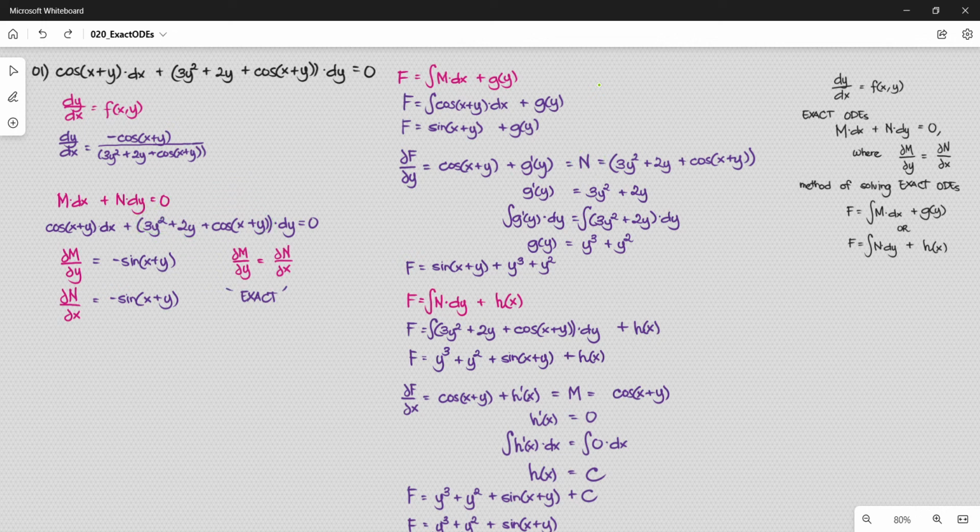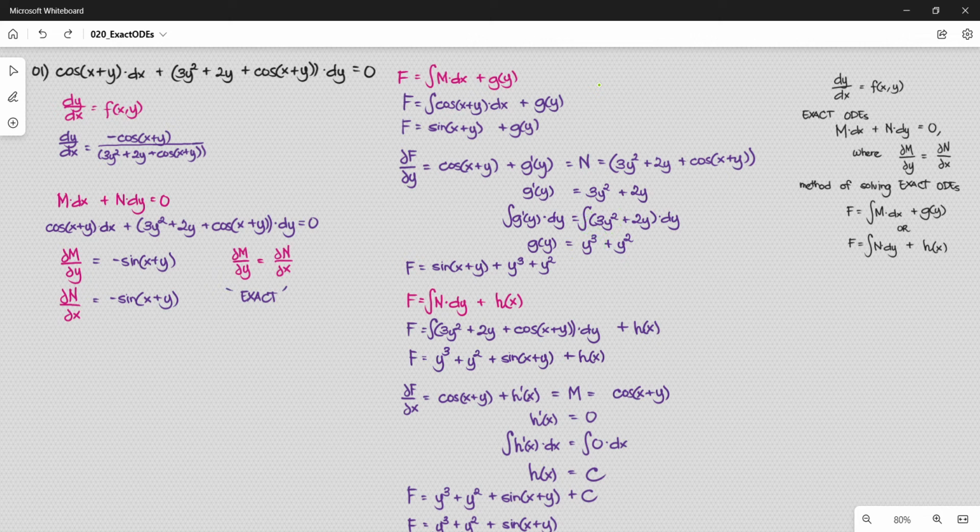So, makikita na natin dito sa equation na to kung ano yung magiging value ng g prime of y. Magka-cancel yung cosine x plus y, cosine x plus y. So, yung g prime of y equal dito sa 3y squared plus 2y. So, integrate na lang natin both sides with respect to y. Makukuha natin, ang g of y equal siya sa integral na to. Ang integral ng 3y squared dy is y cubed, and ang integral ng 2y dy is y squared.